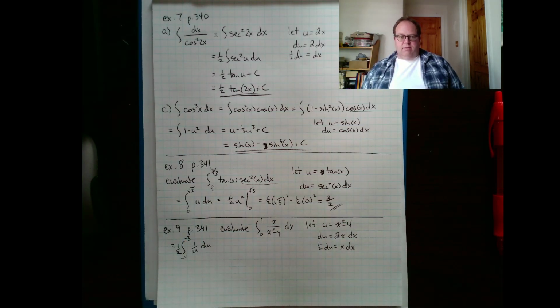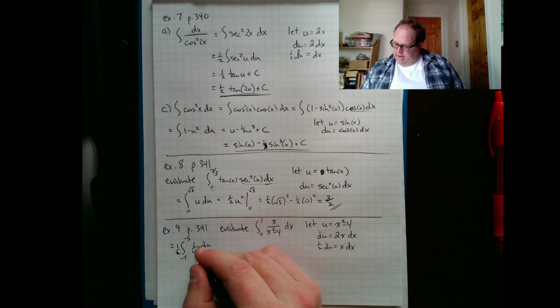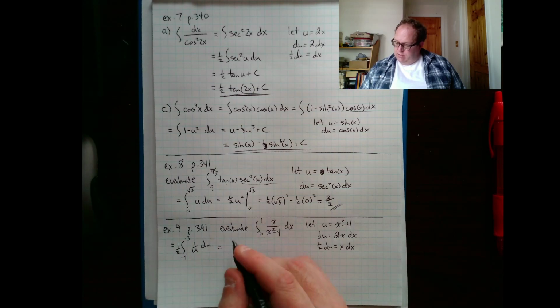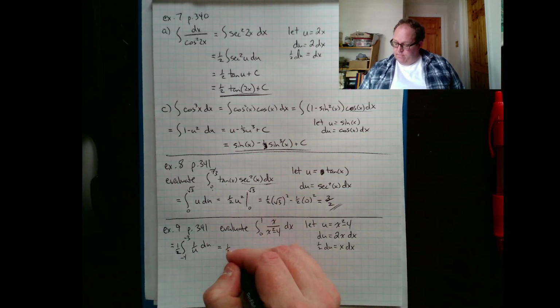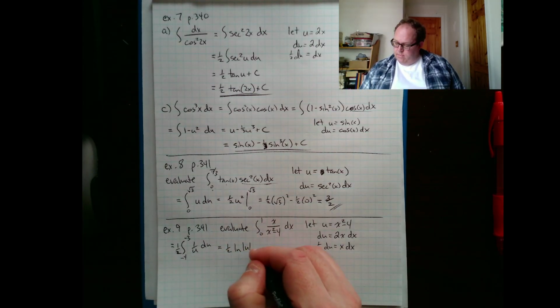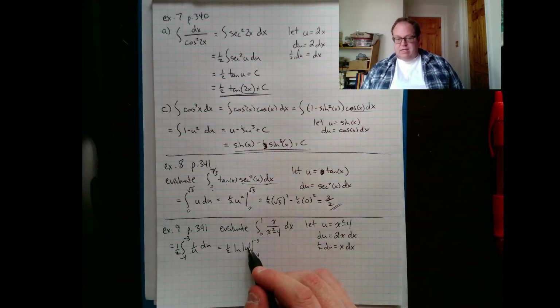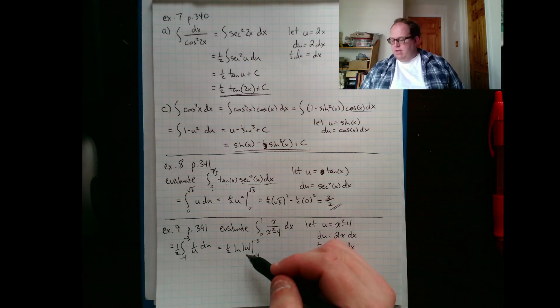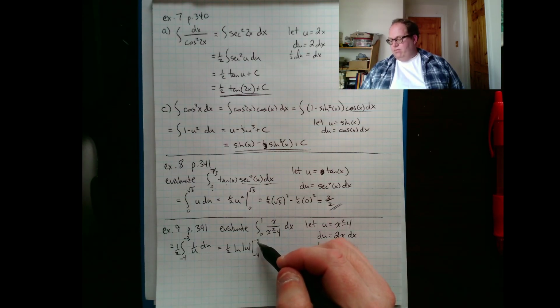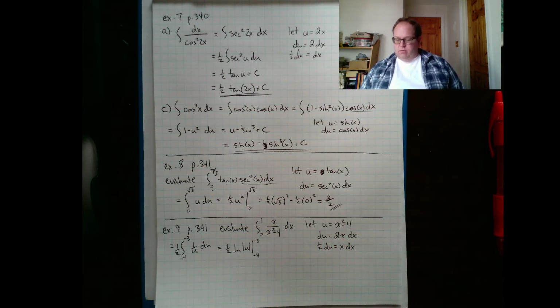So those are my new limits of integration. Now the integral of 1 over u is ln u, ln of the absolute value of u. And you can see here, if we hadn't included those absolute value signs, I'd be trying to take the logarithm of negative numbers, which doesn't work out very well.